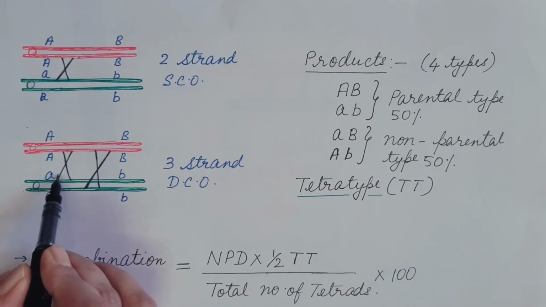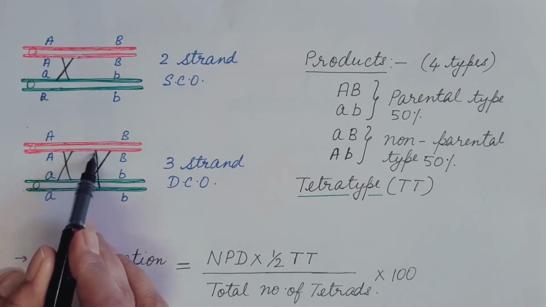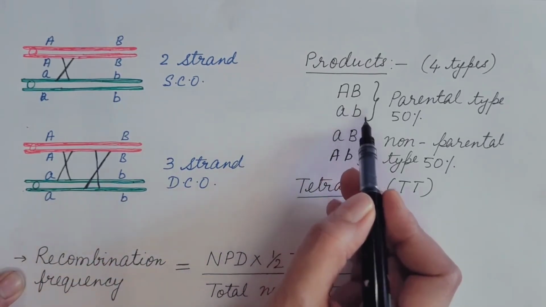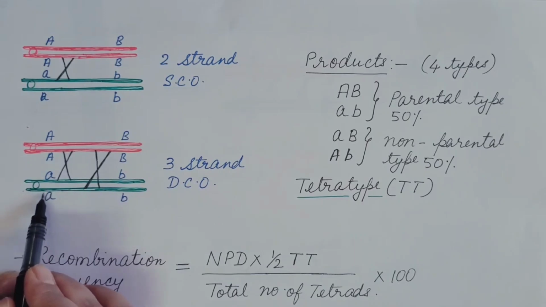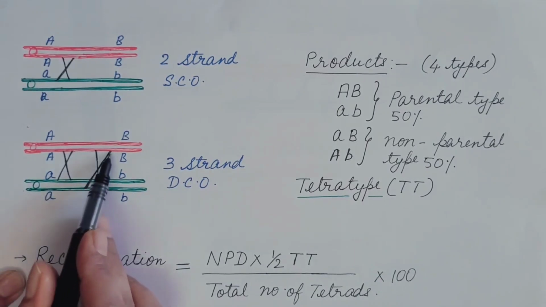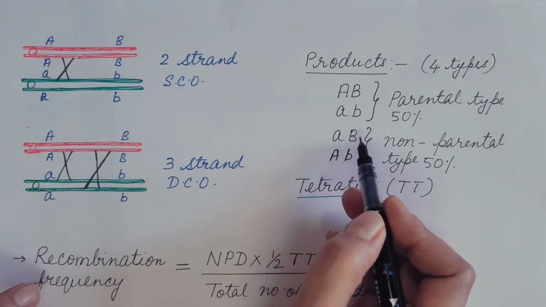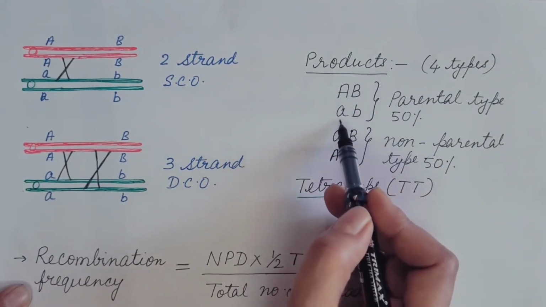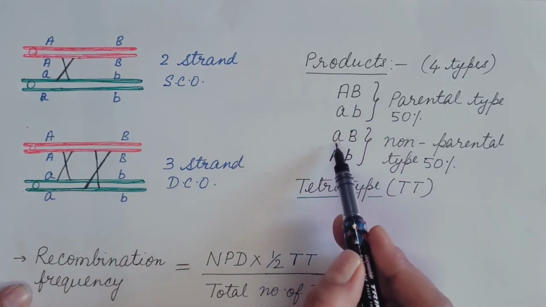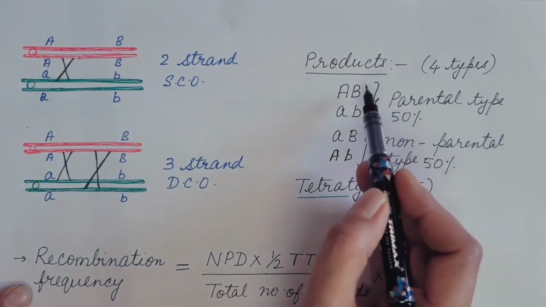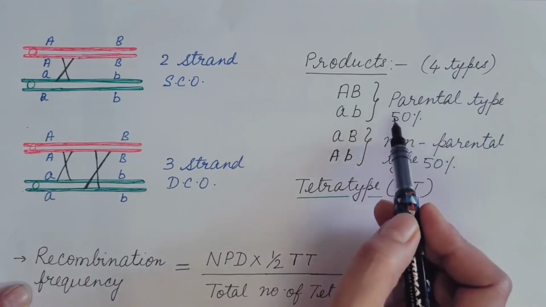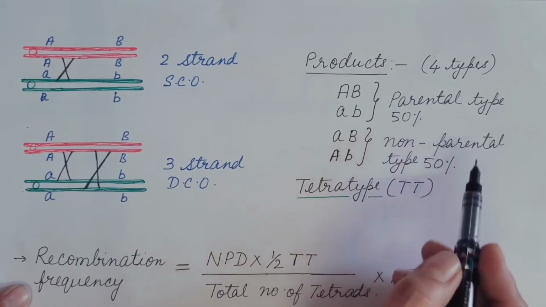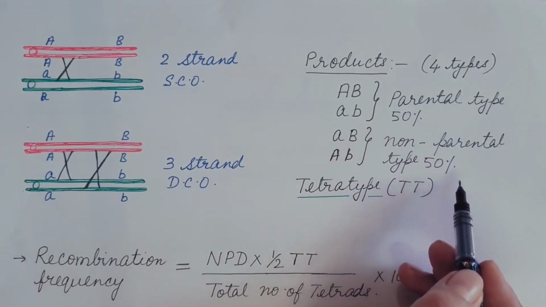Then we get small a, small b, small a, small b, and fourth is small a, capital B, small a, capital B. So here also we get 4 types of product: capital A, capital B, and small a, small b, small a, capital B, capital A, small b. These two are of parental type and these two are of non-parental type. We get 50% parental type and 50% non-parental type.